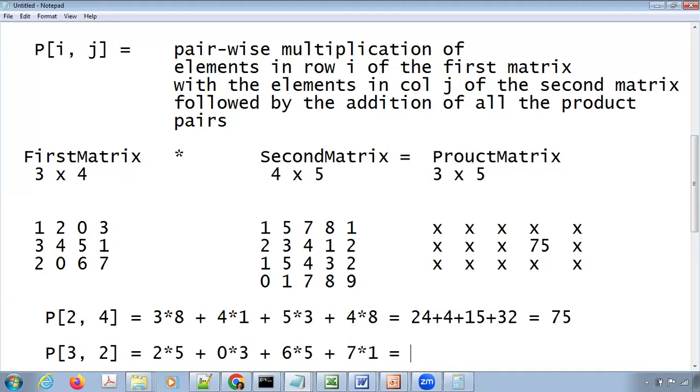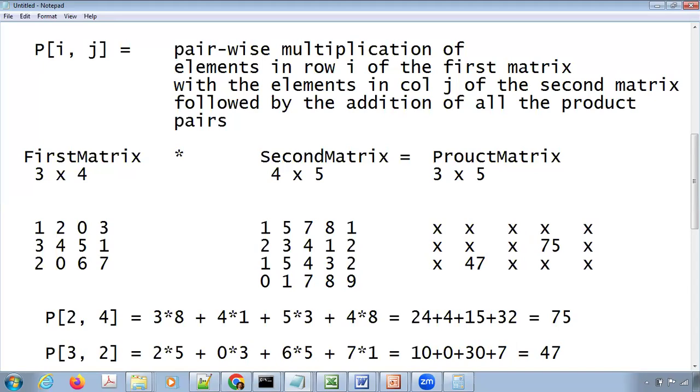So again, there'll be 4 such product pairs because of the common dimension 4, and you just add them up. So this is 10 plus 0 plus 30 plus 7, which is equal to 47. So this cell is basically 47. Okay, so that's how you can compute all the cells of the product matrix in parallel.